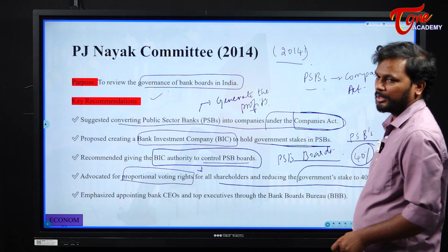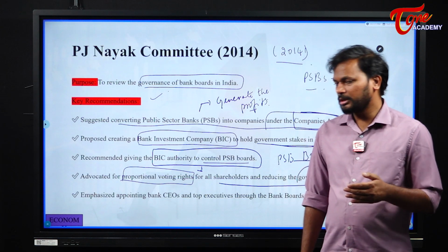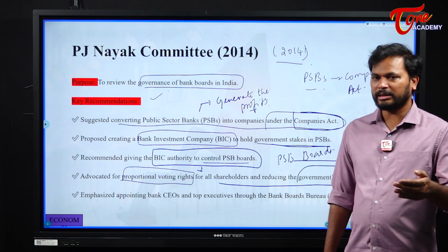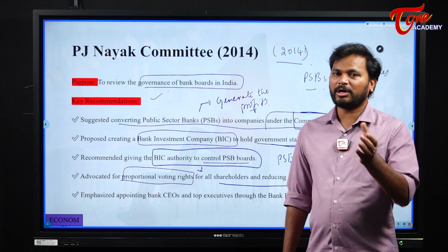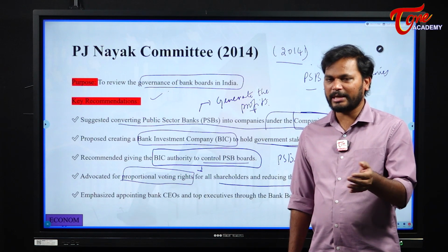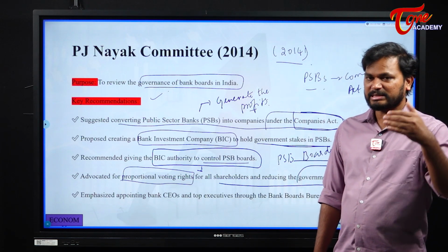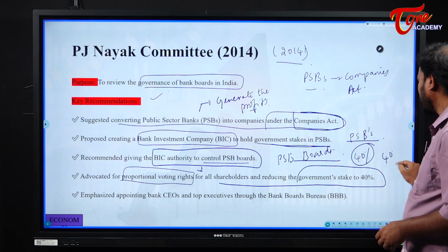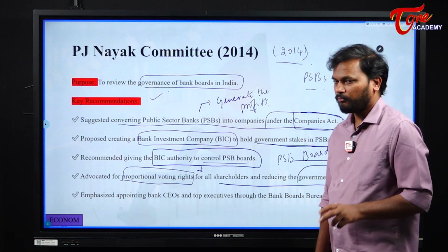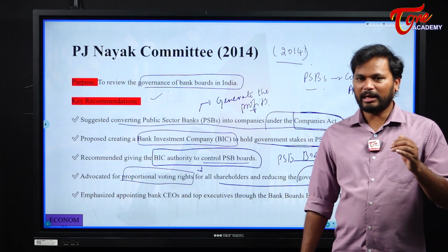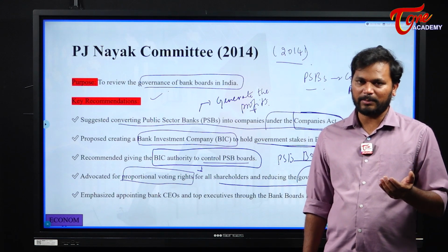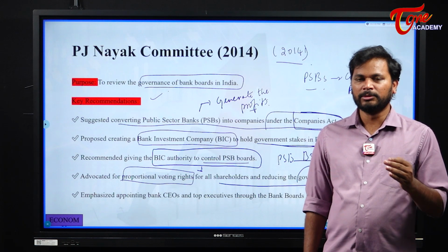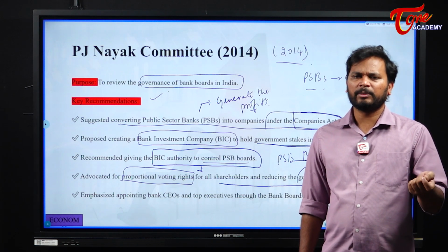This is also very important. The proportional voting rights will be given to the shareholders according to the shares they hold, and the government stake will be reduced to 40%. Why is the government stake being reduced to 40%? When there is involvement of private players in the banking system, obviously their motive will be profit generation.